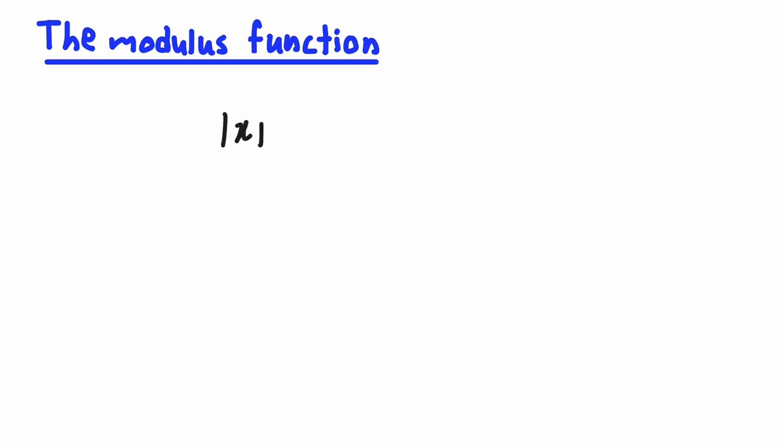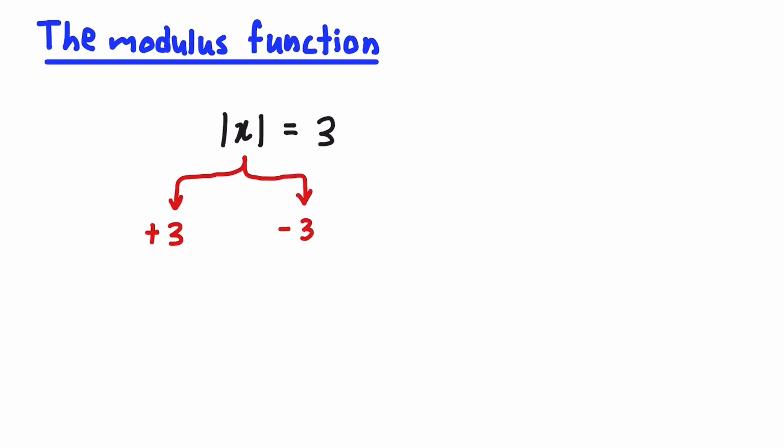Let's take, for example, the modulus function of x, and it gives you that its magnitude is equal to 3. So here, what could be the values of x? We said the modulus function only produces the magnitude without the sign, so it means that x could have been plus 3 or negative 3.